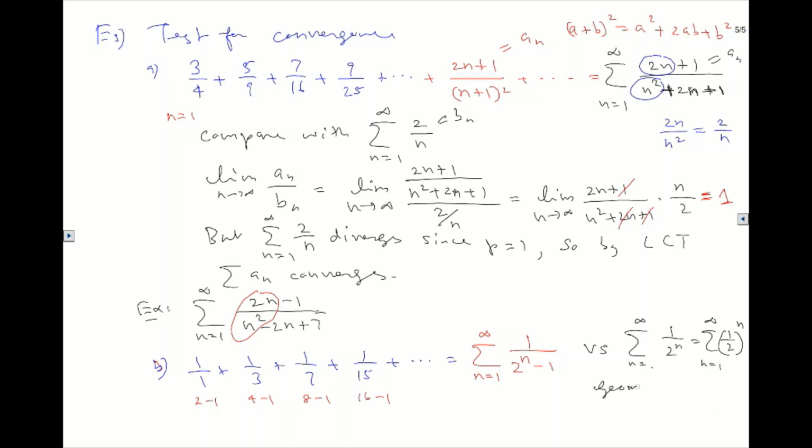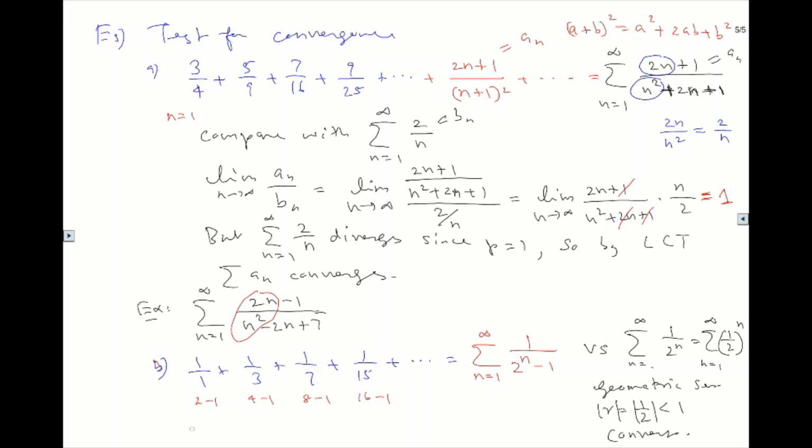This is a geometric series with r equal to 1 half, so the absolute value of r is less than 1, so it converges.